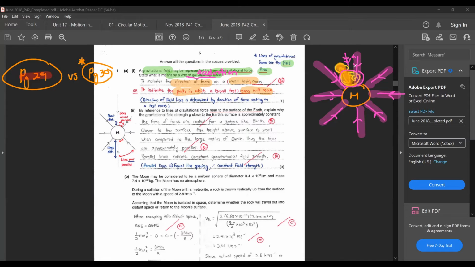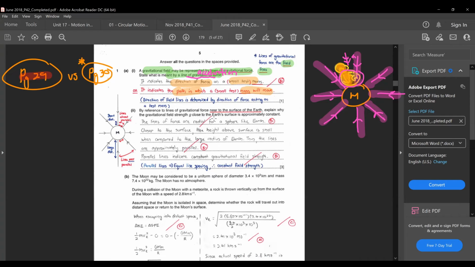As we learned in dynamics in AS, the resultant force produces an acceleration, and the acceleration must always be in the same direction as the resultant force. So it's correct to say so also. It tells you the direction of the force, the direction of the acceleration of a test mass inside the field, or also the path in which the test mass will move. So this is what a field line actually means.